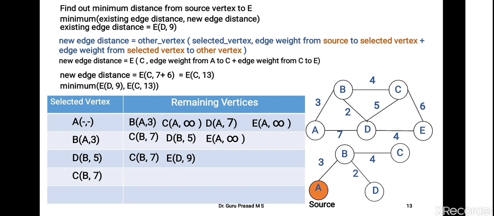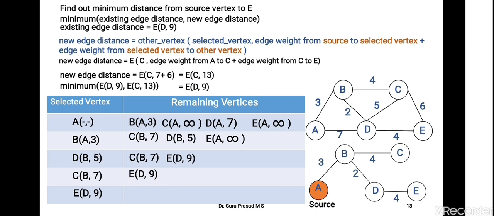Now apply the minimum equation. Minimum of E of D comma 9 and E of C comma 13. Which one is minimum? E of D comma 9. I will keep that value, E of D comma 9. Now there are no more other vertices and only one edge in the fourth row, that is E of D comma 9, and I am selecting that edge and observe the same changes in the graph.